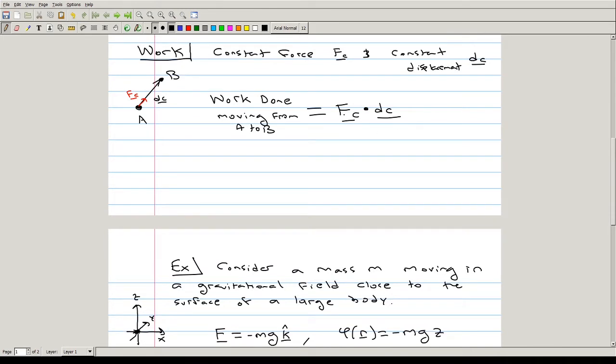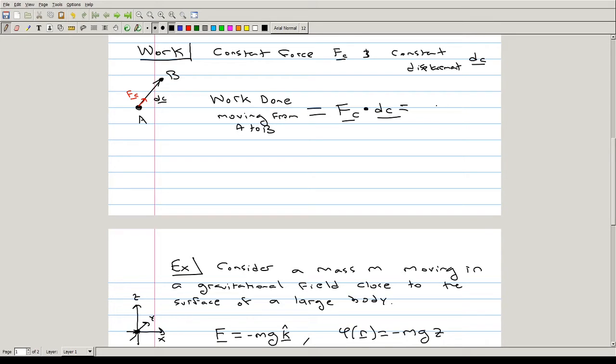If you remember from your elementary physics class, work is force times displacement, or force times distance. This is the amount of energy done against the force field F, or with the force field, as you move from A to B along this straight line path.